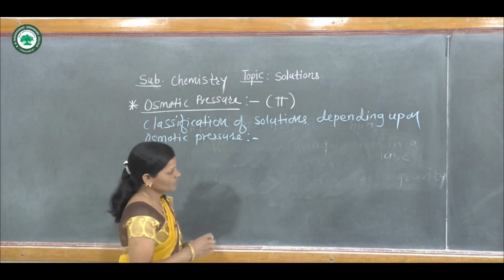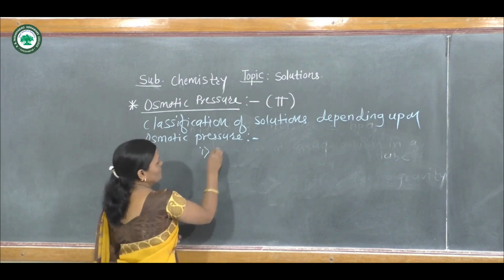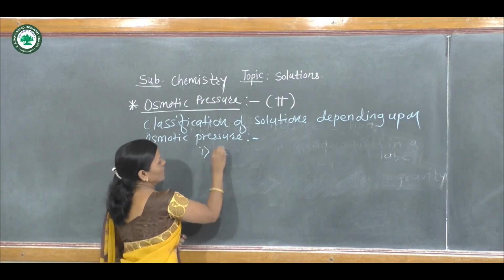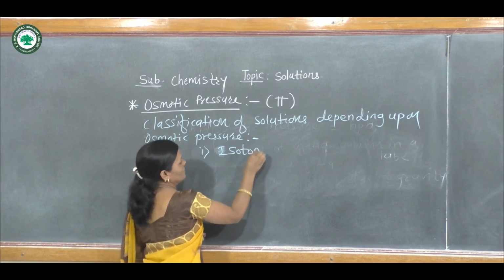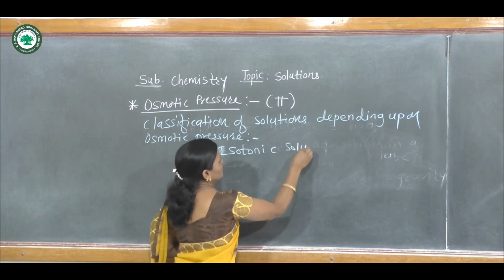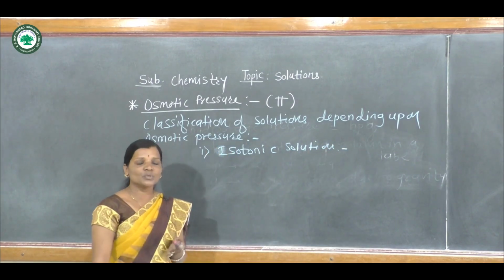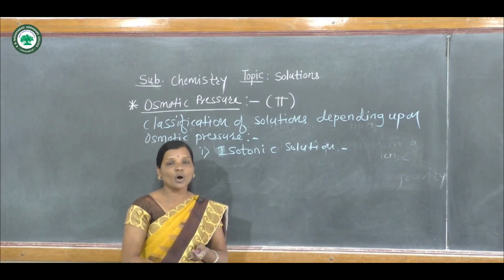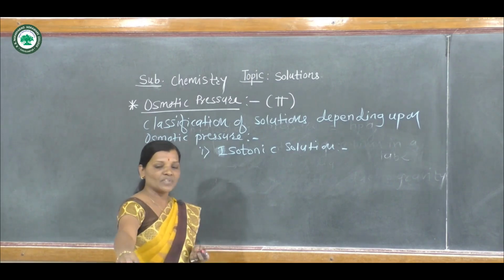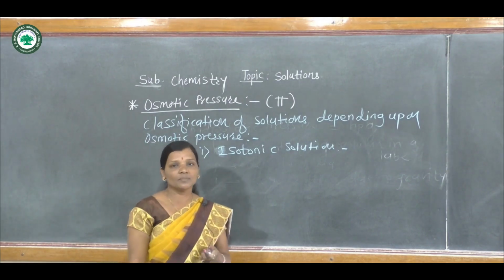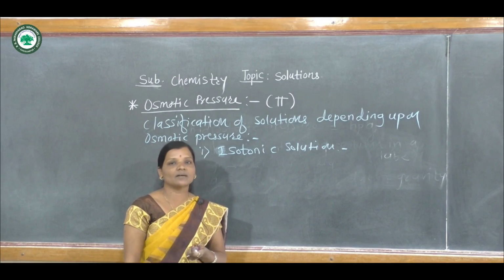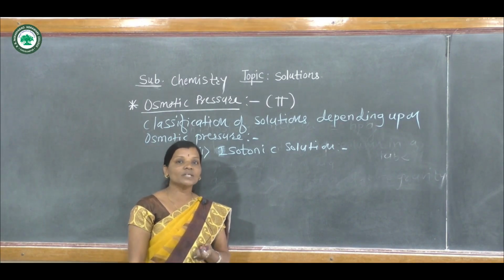Now let us see the first type of solution, that is isotonic solution. What is meant by isotonic solutions? Two or more solutions having the same osmotic pressure are said to be isotonic to each other.